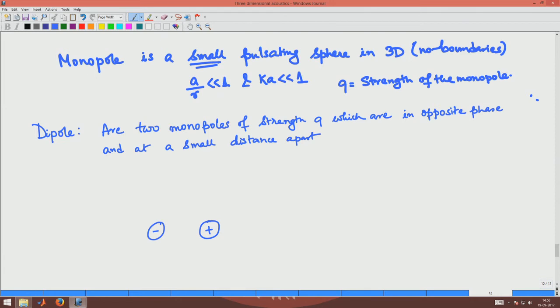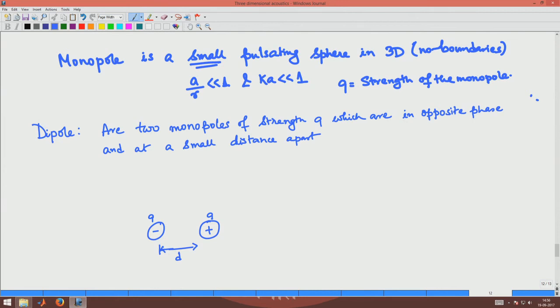So, this comprises a dipole situation, and this distance of separation, which we can call d, both of these monopoles are given by a strength q, and there is a separation d between these two monopoles.